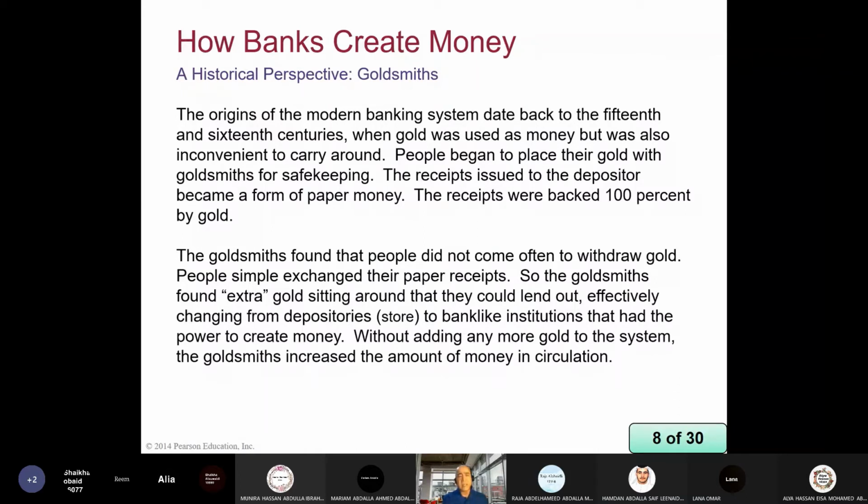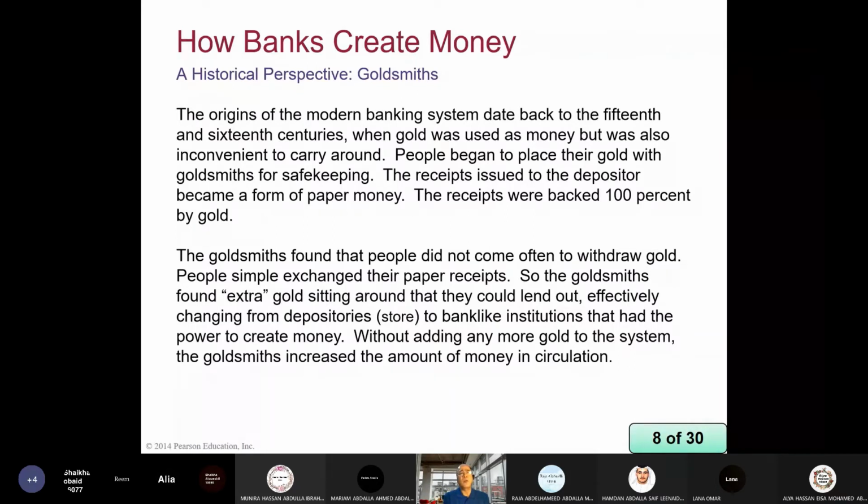Okay, so what's the idea spoken by Alia Hassan? So gold works as money. So this is commodity money. You can purchase something and pay by gold. So gold serves as commodity money. Later, people started to keep their money with the goldsmiths.